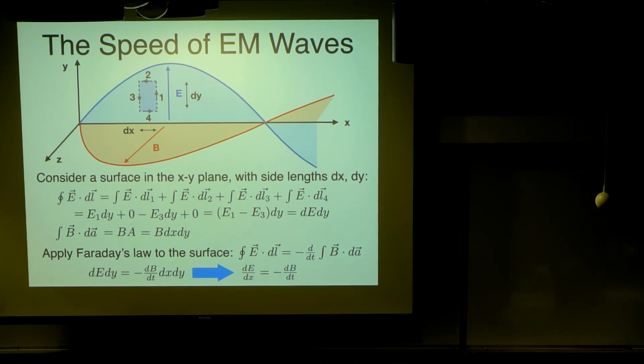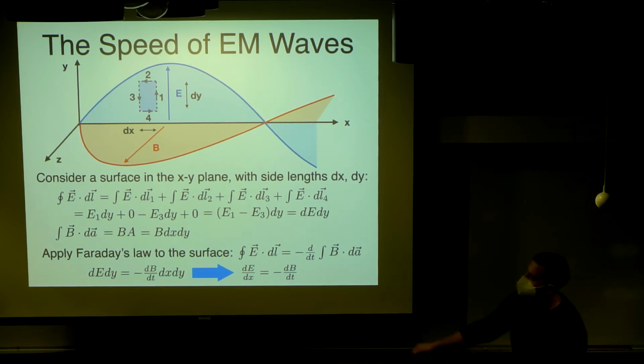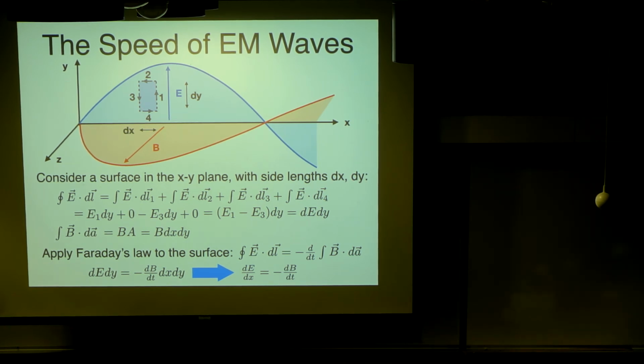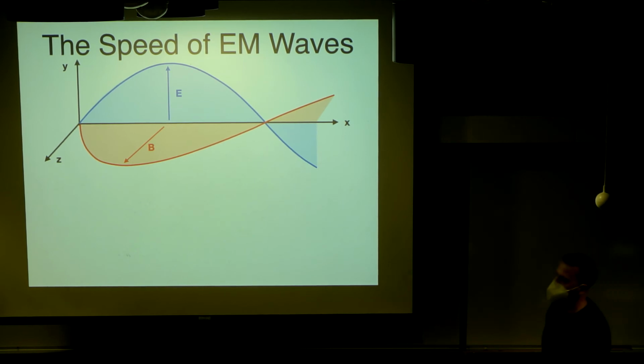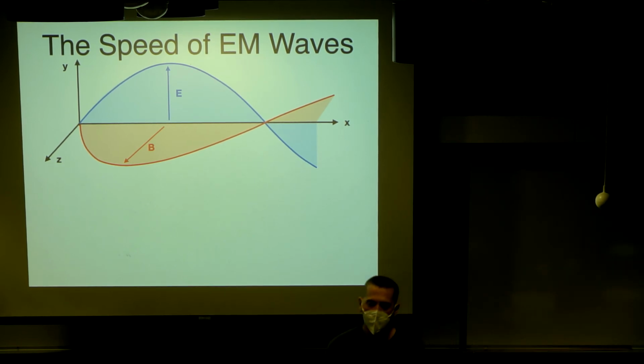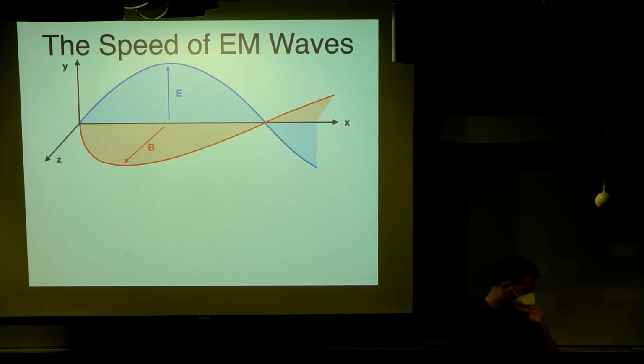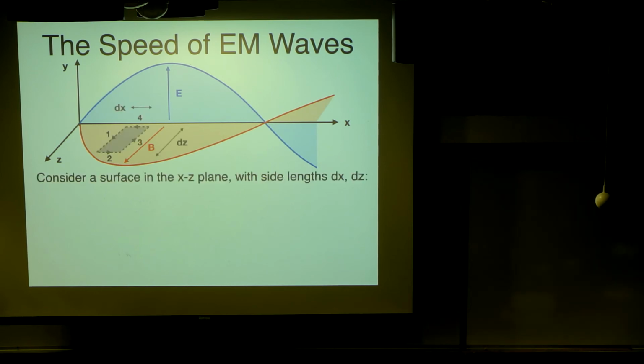All right, we're going to do one more thing just like this, except I'm going to put my surface down here in this plane. We'll get a result, and from that we'll be able to calculate the speed of light, okay? So there we go. So same basic picture as our starting point, right? Now I want to consider a surface that lies in the xz plane.